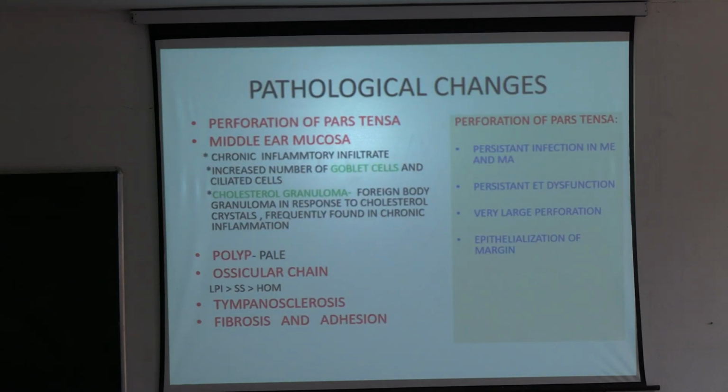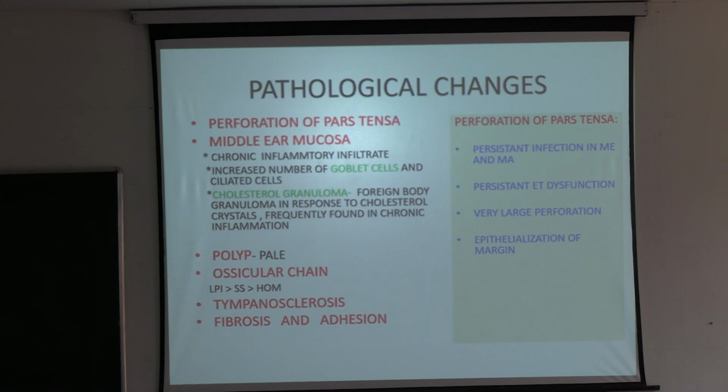Pathological changes in mucosal type of chronic otitis media. There is always perforation of pars tensa. Middle ear mucosa has chronic inflammatory infiltrate, increased number of goblet cells and ciliated cells. So, there is chronic mononuclear cell inflammation.